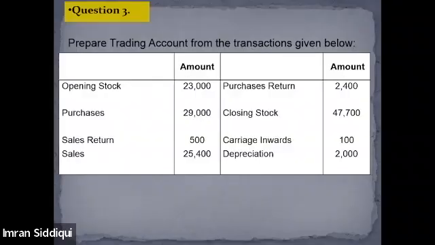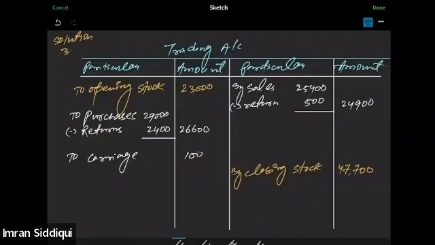Okay. Then we have depreciation. Can any one of you please tell me on which side of the trading account we should write that down? Anyone? On which side of the trading account? Debit side. Why?